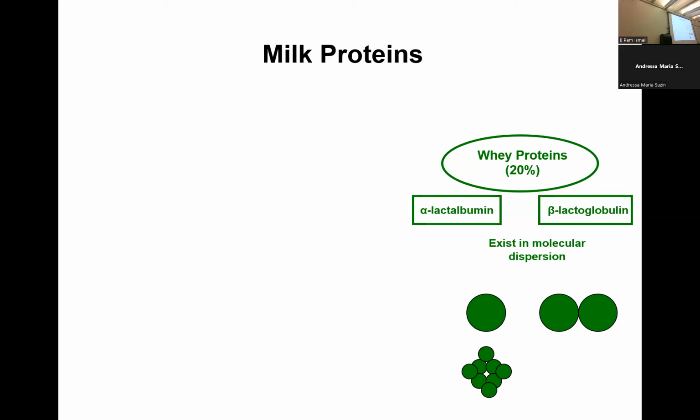Usually they exist in molecular dispersion, either as a monomer, a dimer, or an octamer. So they don't necessarily form a true quaternary structure. They're mostly monomers or dimers. Octamers are produced when the pH is close to the isoelectric point.